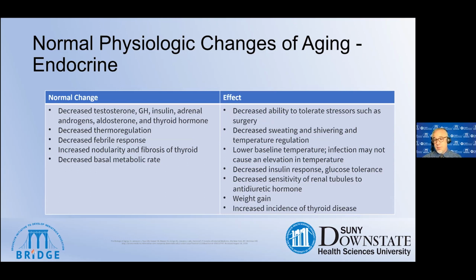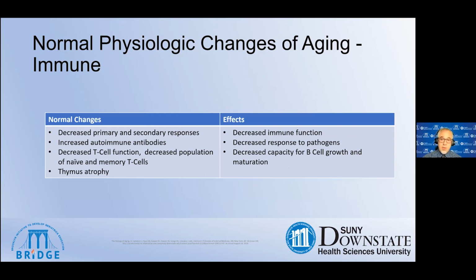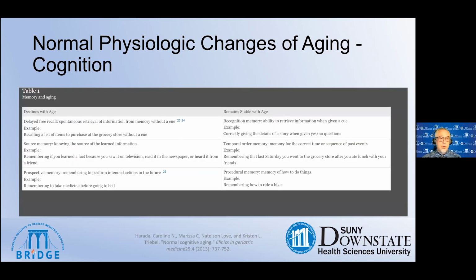Changes to insulin response and glucose tolerance, which is particularly important when we are experiencing stressors that require a heightened response. Weight gain, increased incidence of thyroid disease, and immune changes, which lead to an overall decline in immune function and decreased response to pathogens, decreased capacity for B cell growth and maturation.